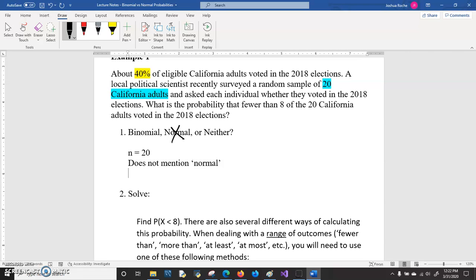Whenever they ask each individual whether they voted, their responses can only be yes or no. And that's a big clue that this involves a binomial distribution. There are only two possible outcomes for this variable.